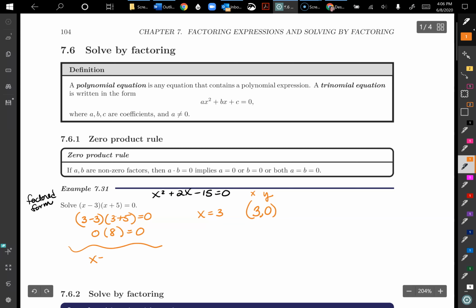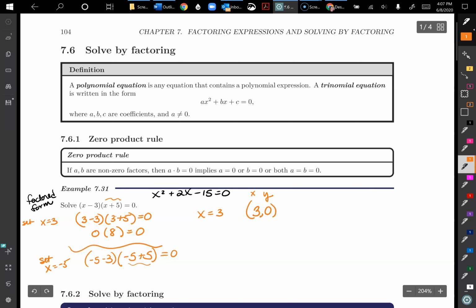Actually, this one I'm setting x equals 3, because I can look at it and tell what it should be. I'm just eyeballing. Set x equal to -5, and that'll make this one here be 0. So I would have -5 minus 3 times -5 plus 5. That's giving me the 0.